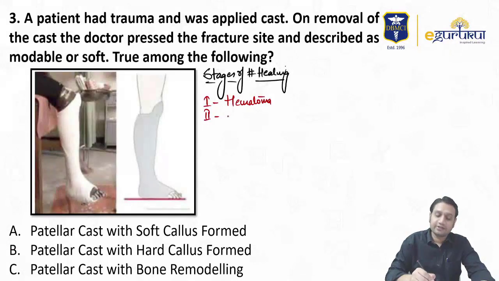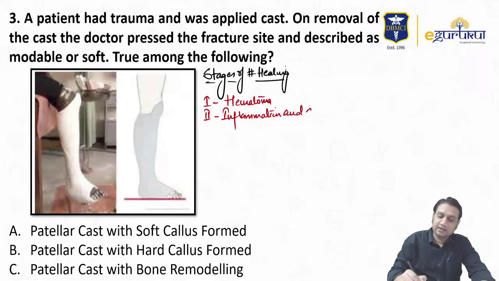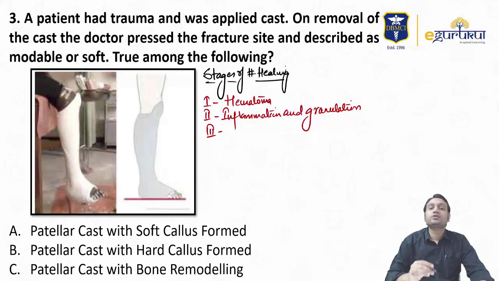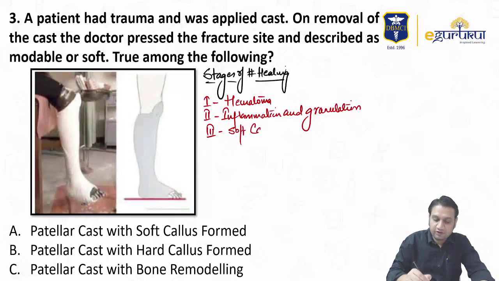Second is the stage of inflammation and granulation. Stage number 3 is when the soft callus starts forming, right? So stage number 3 is the stage of soft callus. Number 4, it is the stage of hard callus.